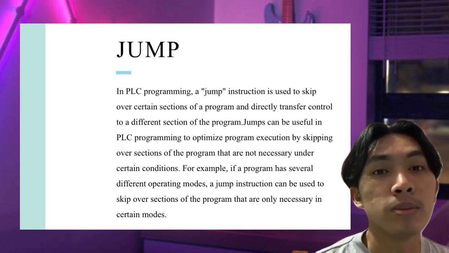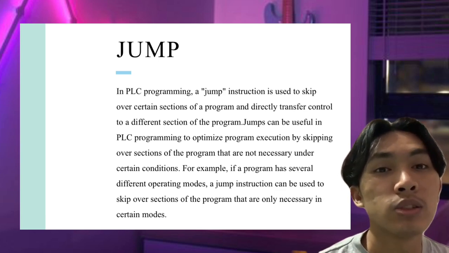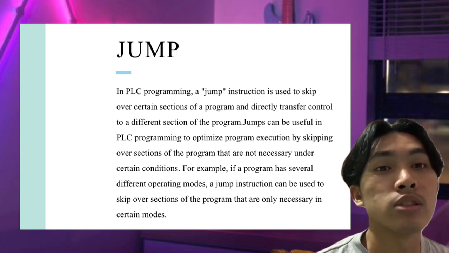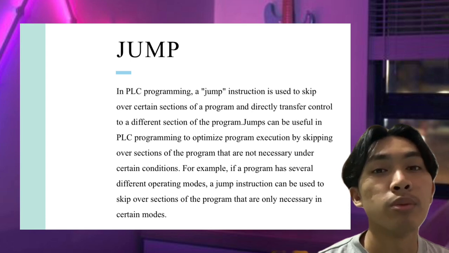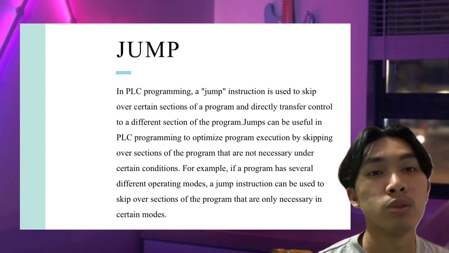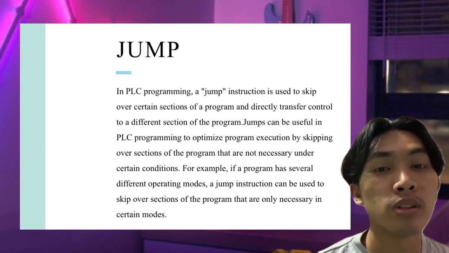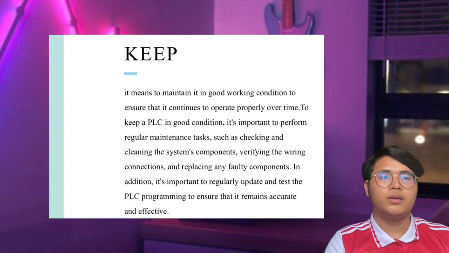Jumps can be useful to optimize program execution by skipping over sections of the program that are not necessary under certain conditions. For example, if a program has several different operating modes, the jump instruction can be used to skip over sections of the program that are only necessary in certain modes.